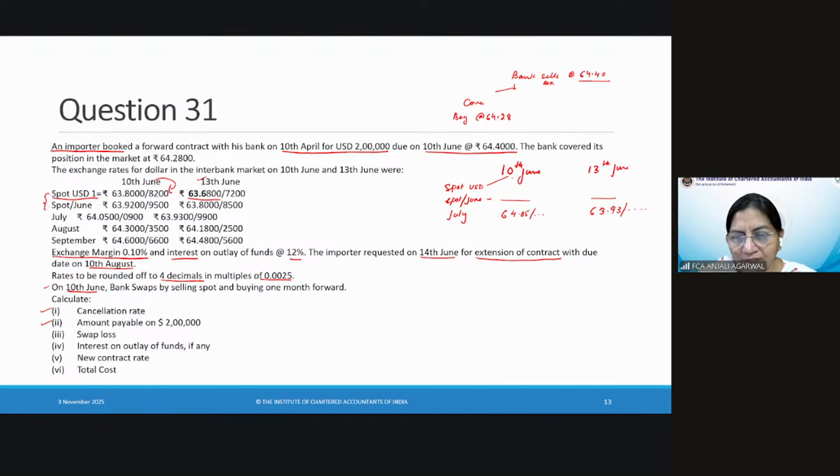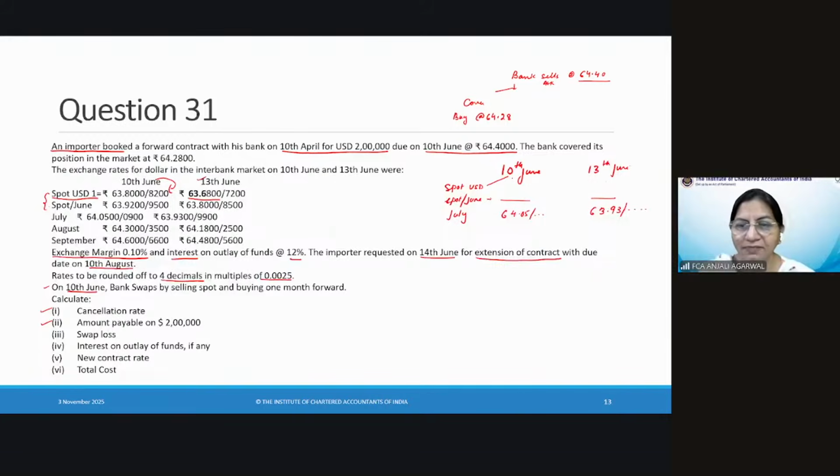This is a question where the cancellation and extension was demanded after the due date, not on the due date. So if he is asking for a forward contract for the month of August, the rates which are applicable on 13th June for August forwards would be applicable, not the rates which were available on 10th June. Is it clear now? Yes, got it.